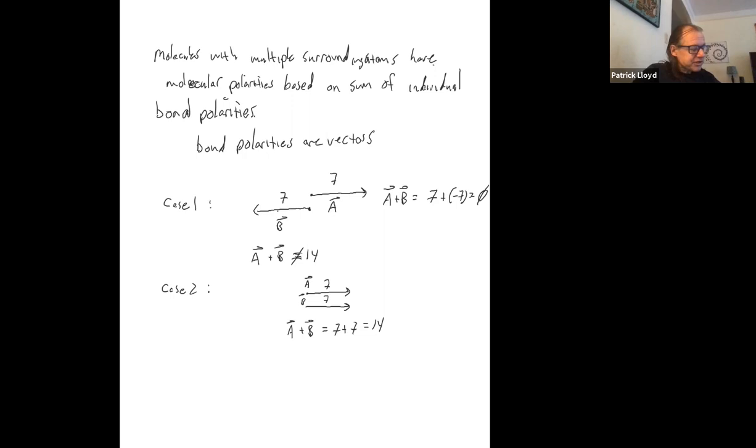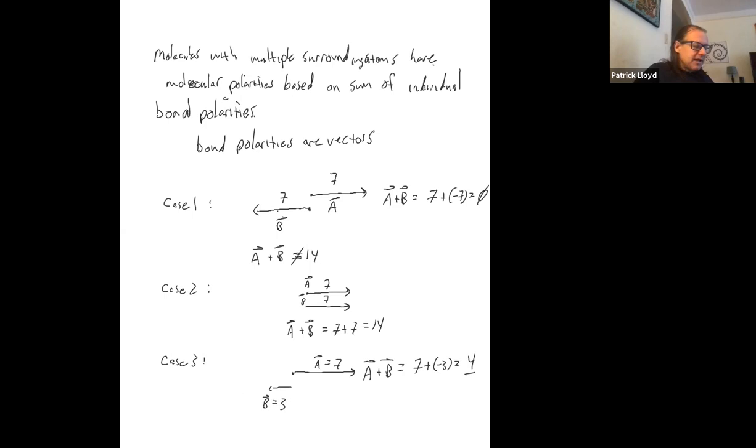Here's case 3. Suppose one is going in this direction, and the second one's going in the opposite direction, but it's a different magnitude. Okay, well then in that case, A plus B equals 7 plus minus 3, which is 4.